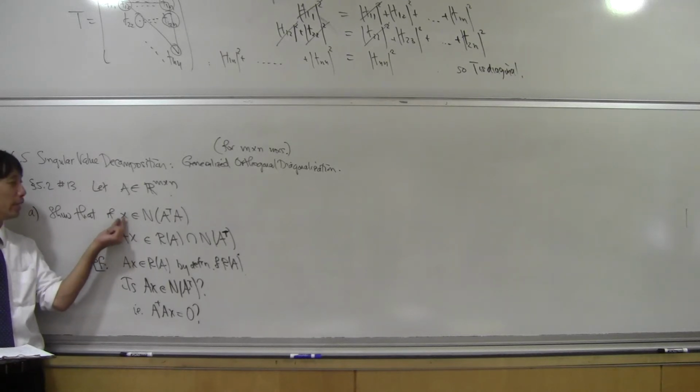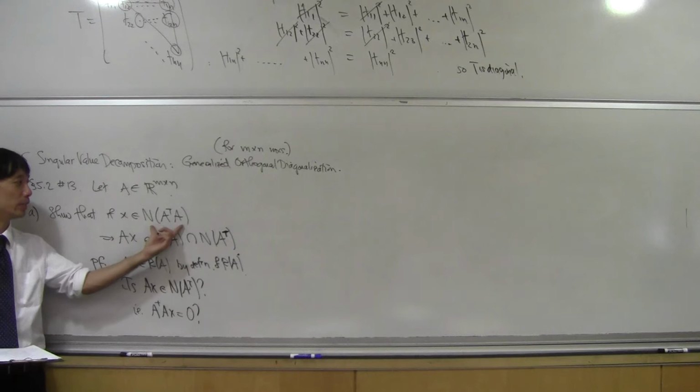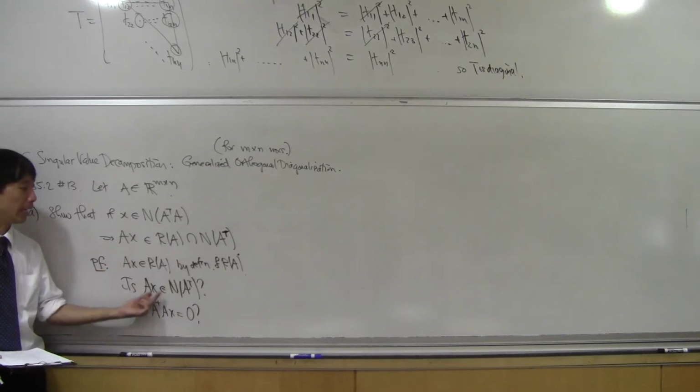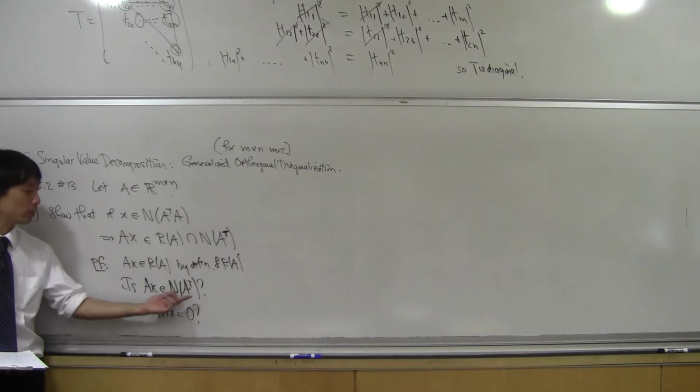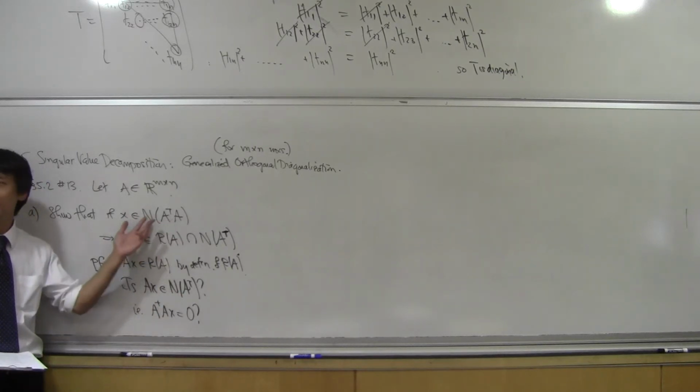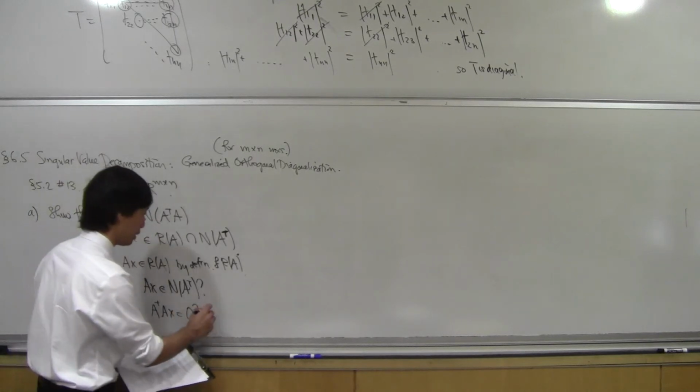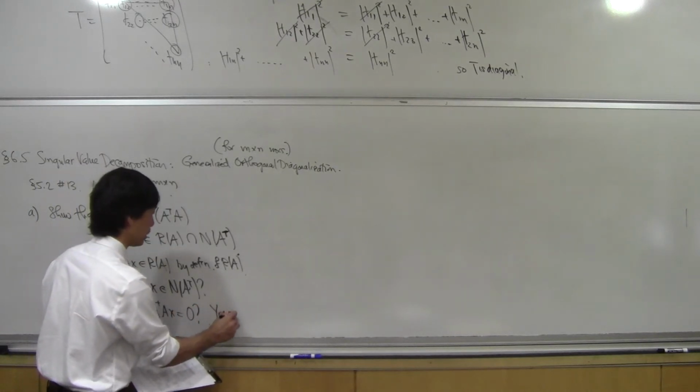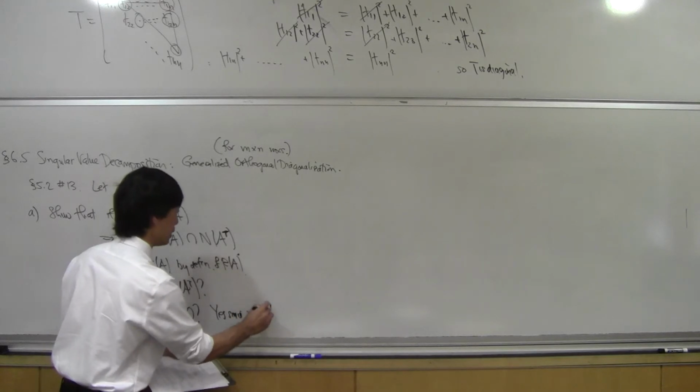We're saying show that if X is in the null space of ATA, then AX is in the null space of AT. But AX being in the null space of AT is exactly saying that X is in the null space of ATA, right? So yes, since X is in the null space of ATA.